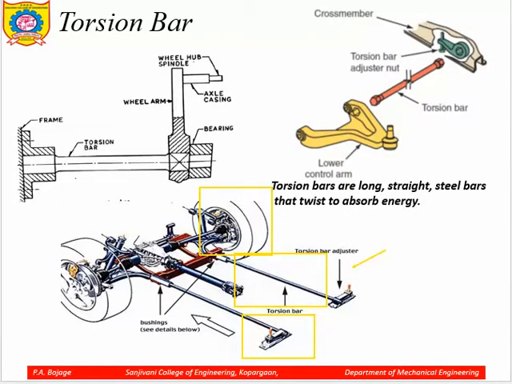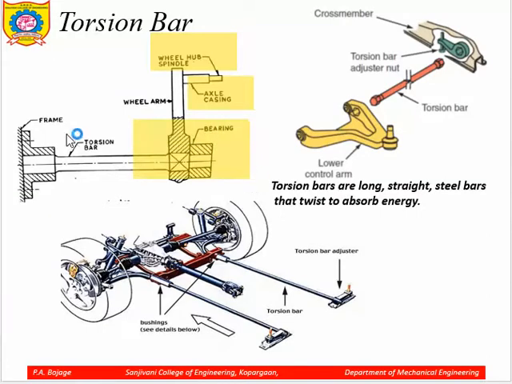So the same is shown in this diagram for the torsion bar. You can see wheel spindle hub, axle casting, this is the bearing, and this is the torsion bar which is attached to the frame. So one end is attached to the frame and the other end is attached to the axle, so that the twisting moment can be clearly seen.